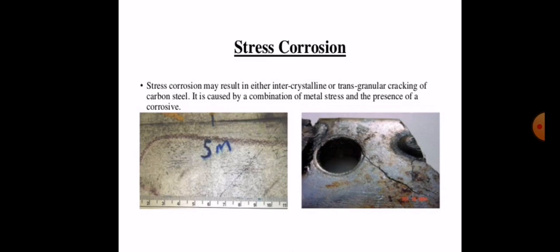Further, you can see another corrosion: stress corrosion. Stress generally we can define as load by area. Stress corrosion may result in either intercrystalline or transgranular cracking of carbon steel. It is caused by a combination of metal stress and the presence of a corrosive.